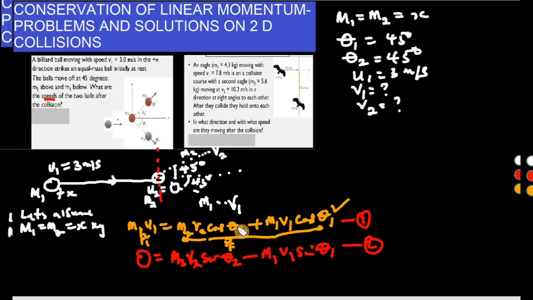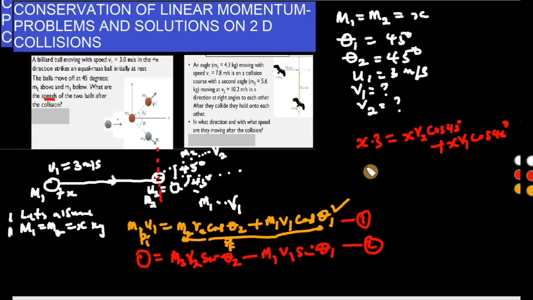So using this formula, we have that, of course, m1 is x and the initial velocity is 3, so we have 3 times x equals m2, which is still x, times v2, we don't know it, times cos of the angle, 45 degrees, plus m1 which is x, v1 is yet to be determined, cos 45 degrees.